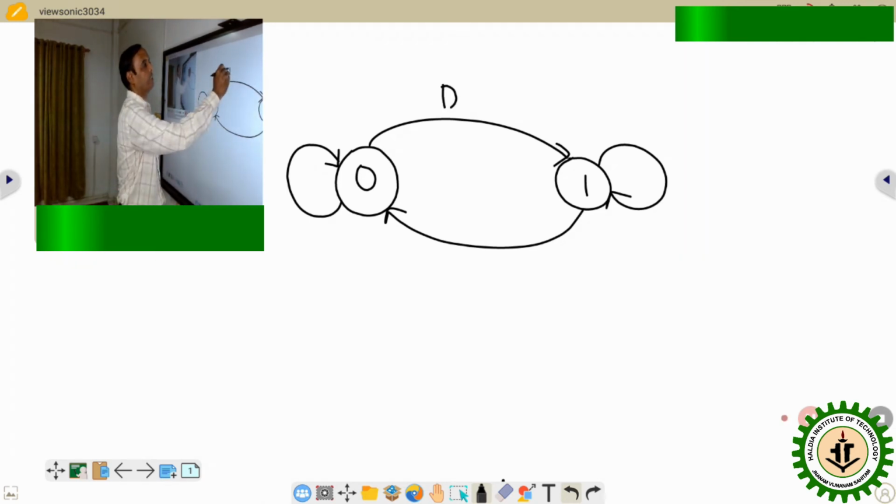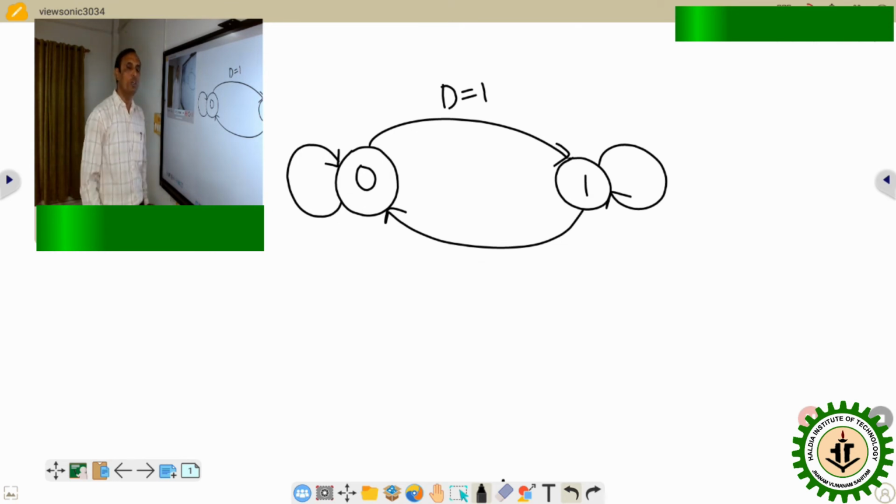When D value equals to 1, because in this particular circuit the next output does not depend on present output, it only depends on the current input we are providing. If D equals to 0, the next output will be definitely 0. If D equals to 1, the next output will be definitely 1.